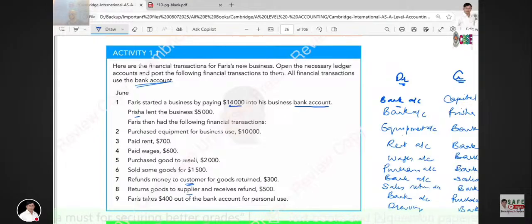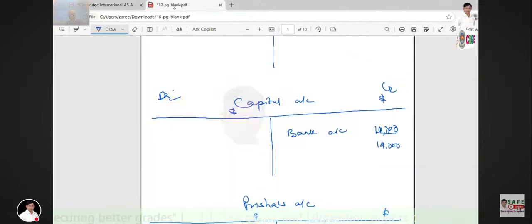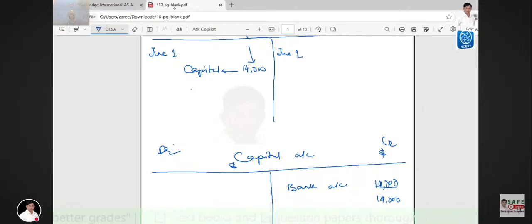Creditor or supplier is one and the same. Creditor is the supplier, supplier is the creditor. So when you write here, this will become 1,51,000.